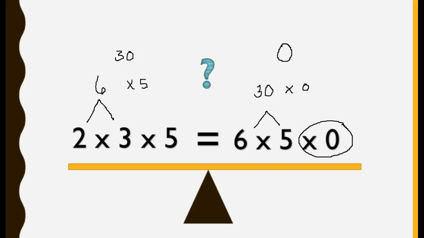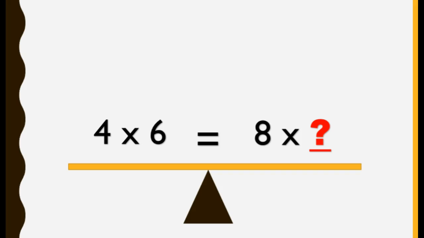So make sure that you pay attention to that, because I'm guessing that the SOL is going to throw in a minus or a multiplication problem with a 0. So I just want to give you a heads up on that one. So this would not be an accurate equation. You would have to change this to maybe times 1 in order for that to work.